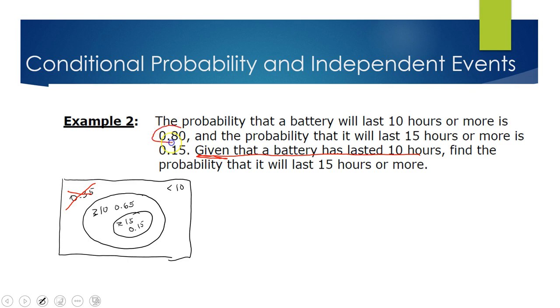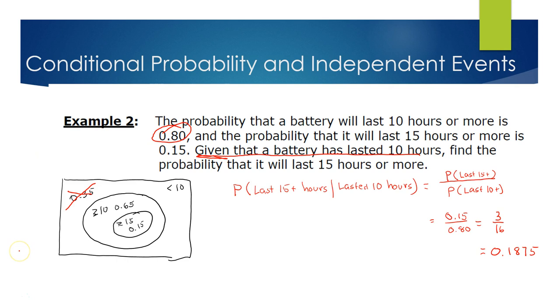So out of that 0.8, or 80%, 0.15 of them are going to last 15 hours or more. So I would just do 0.15 out of 0.8, which is 3/16, which is 0.1875, or about 18.75%, if you want to do it as a percentage.